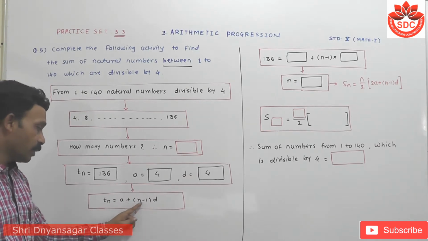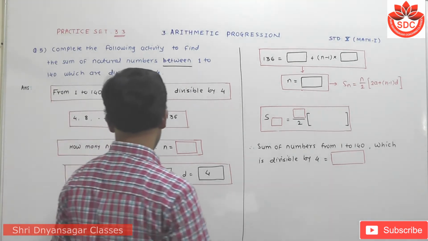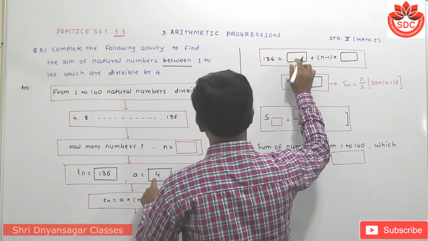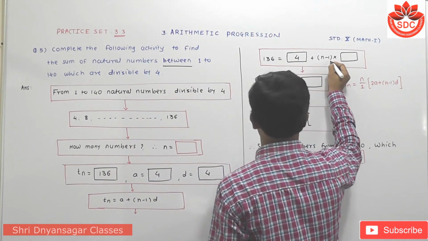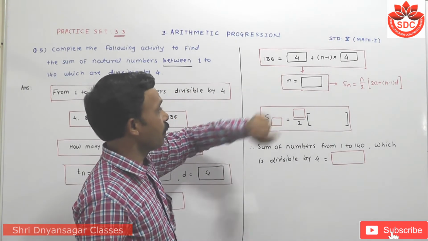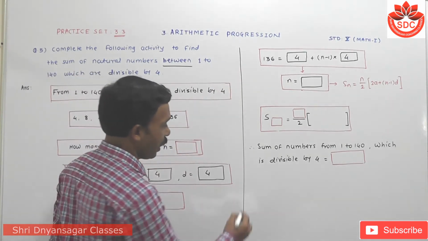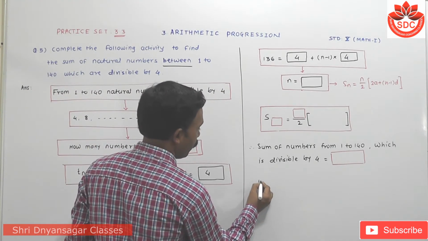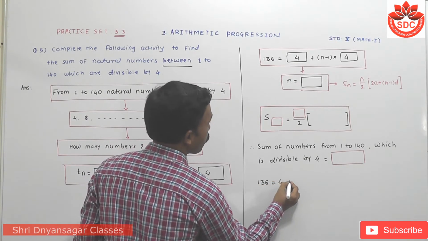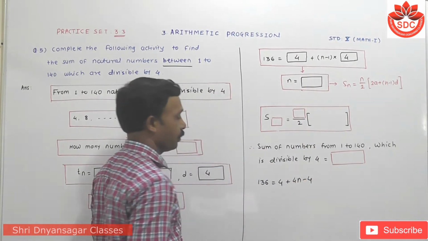Then Tn is equal to a plus n minus 1 into d. Then we substitute this value, we get Tn is 136 equals a, given here as 4, plus n minus 1 into d, which is also 4. Students, I have to do this calculation by finding the value of n. Here 136 is equal to 4 plus, directly multiplying by 4, we get 4n minus 4.